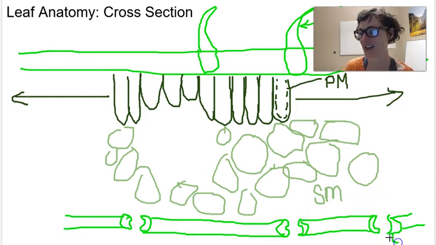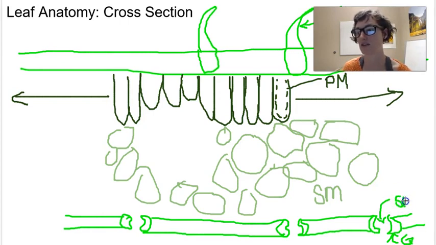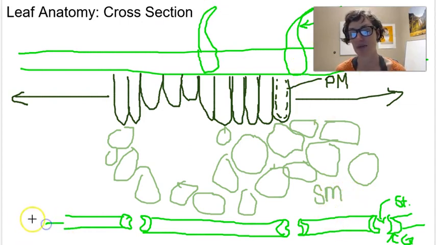So here you have another specialized epidermal cell, guard cell, where it's got a G and an arrow. I don't know if you can tell what those are. And then here would be the hole, the pore, that's the stoma, which looks like 5+. Okay, so we have upper epidermis, lower epidermis, which I'll label LE.